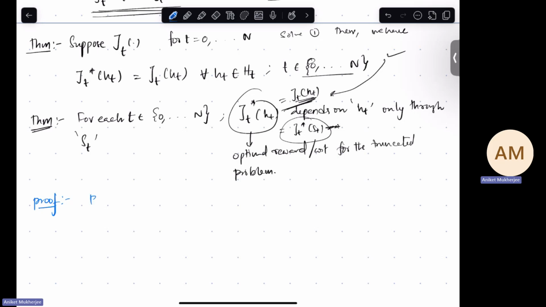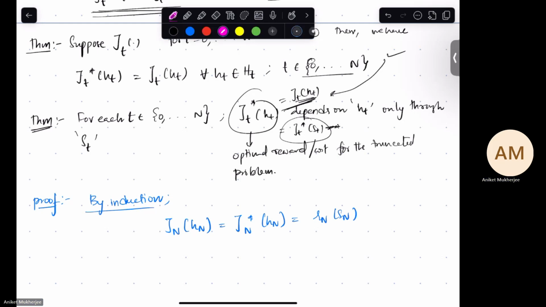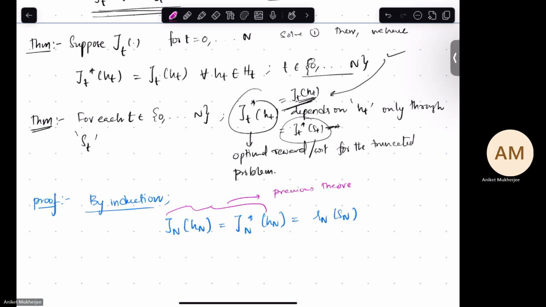Okay. The proof is also by induction. So the first claim is J_N of h_N equal to J_N star of h_N equal to R of s. This is from the previous theorem, and these both are from the Bellman equation.